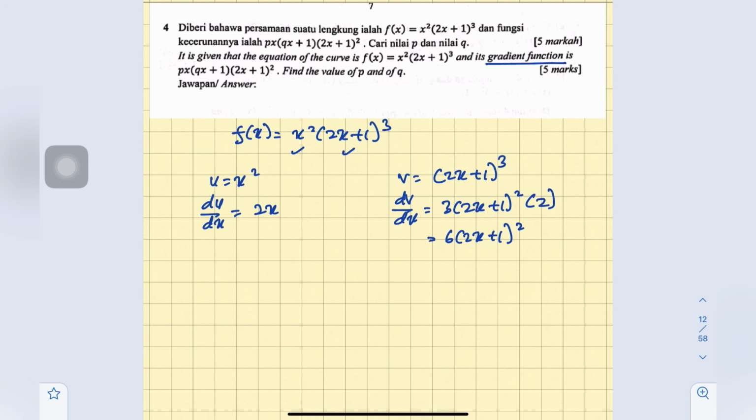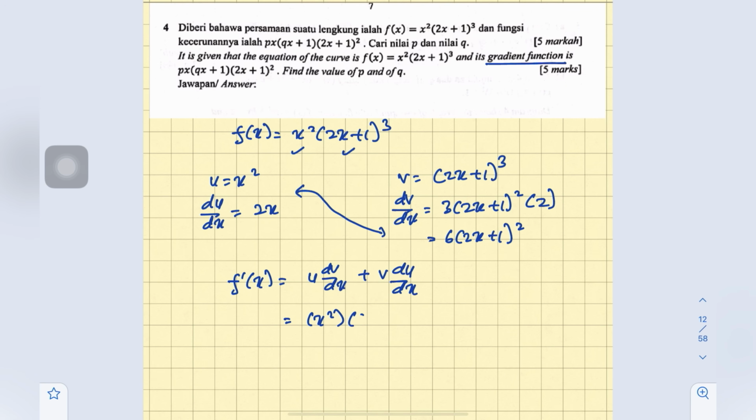Okay, so find f prime of x by using the product rule. We have u dv/dx plus v du/dx, these are the formula. So here we got x squared times 6 times (2x + 1) squared plus v, (2x + 1) cubed, times du/dx, which is 2x.